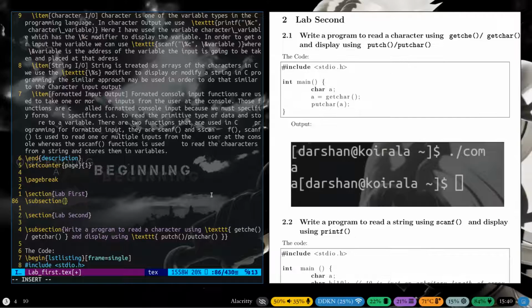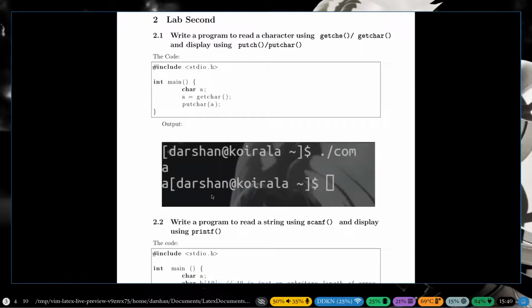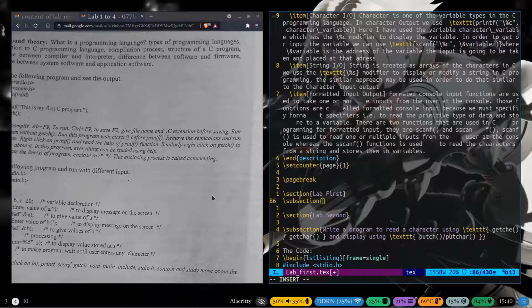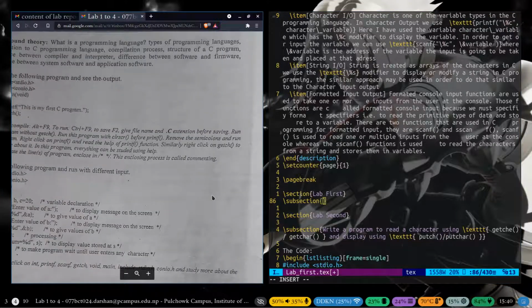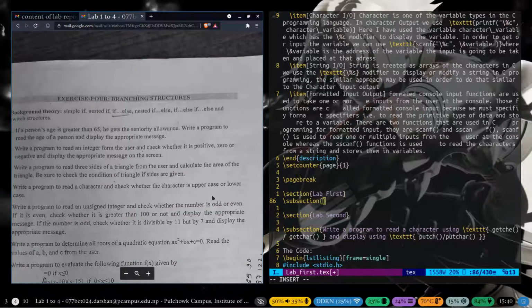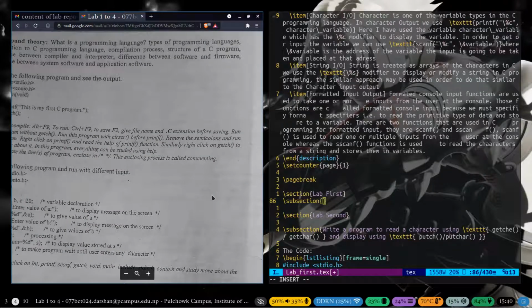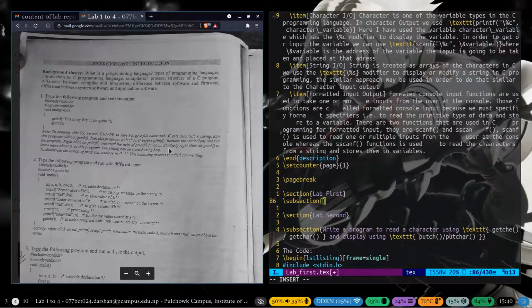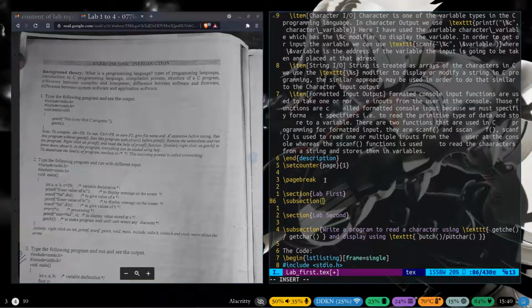Okay, let me move this to 4. Yeah. So what is it? Subsection, it is branching structures, subsection. Subsection, what is subsection?